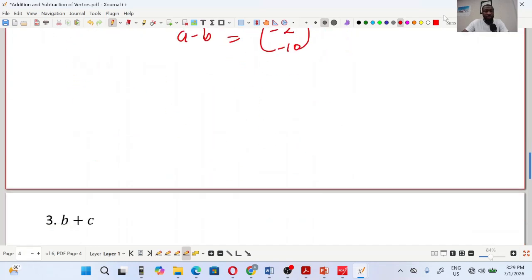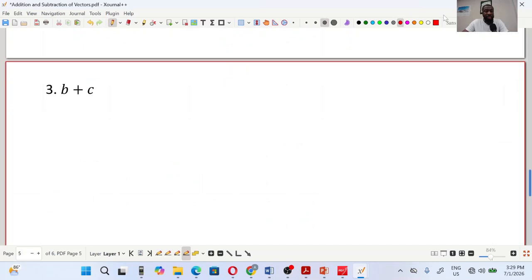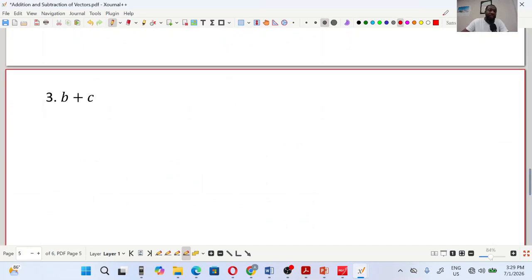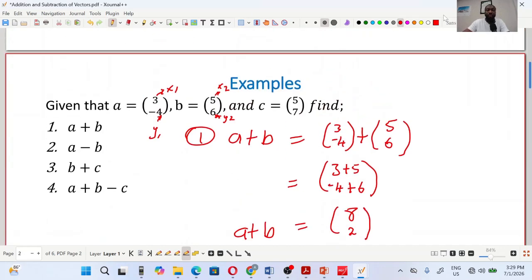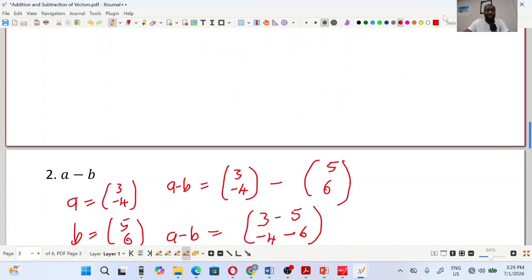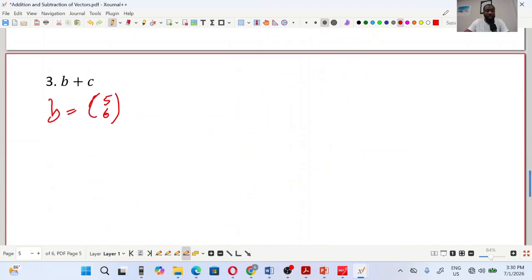But when we go to the bottom, let's see the third question. It says B and C. I already know my B is equal to (5, 6), right? But then let me check what our C was. Our C is (5, 7), right?